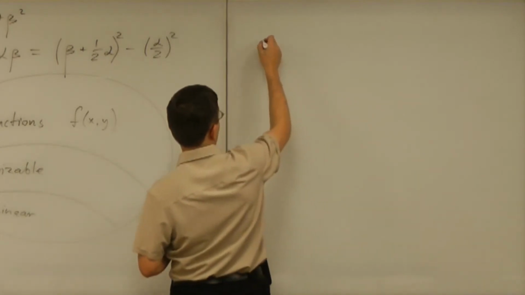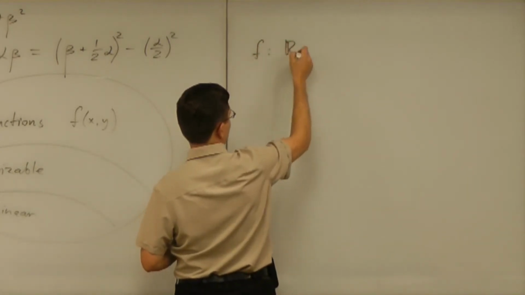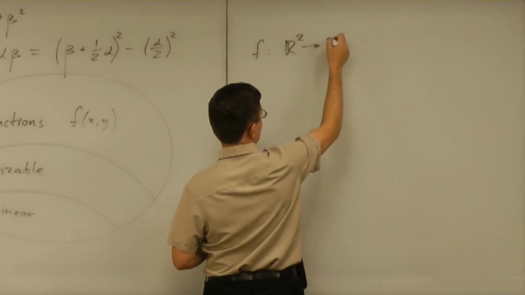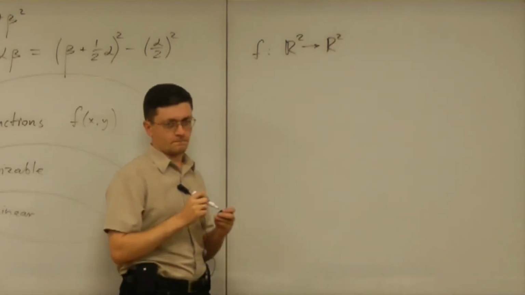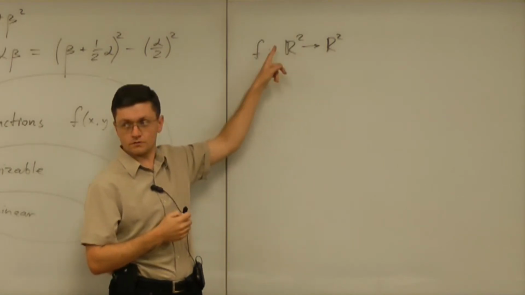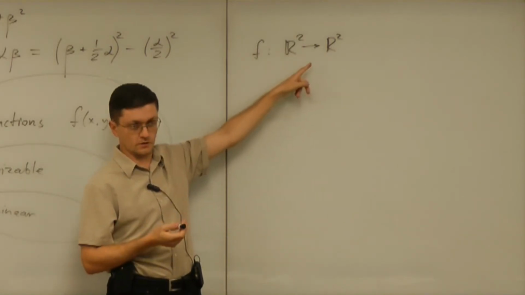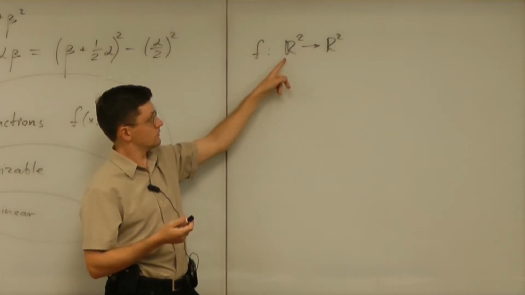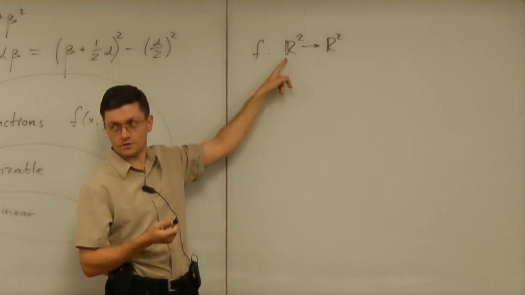To look at a function from a plane to a plane, and then the disadvantage of that is going to be that we cannot draw a graph. The graph will be in 4-dimensional space.